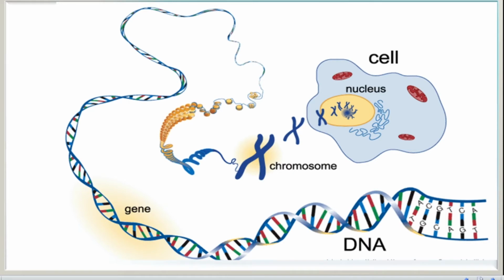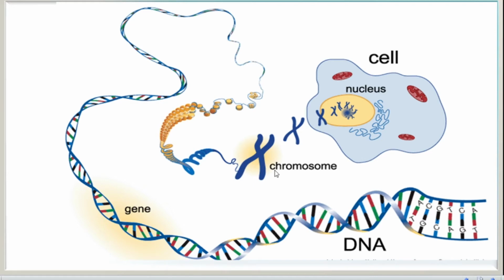First we should know what a cell is, what the nucleus is, where the chromosome is, where the DNA is, and where the gene is. When you take a cell, the cell consists of the nucleus. Inside the nucleus the chromosomes are present. Chromosomes are composed of genes. The gene is composed of the DNA.